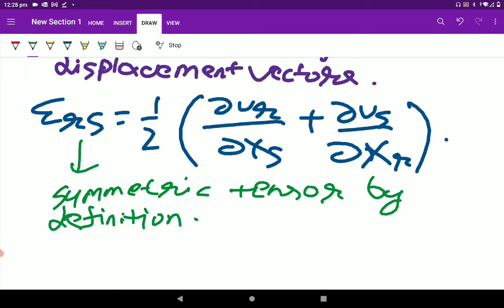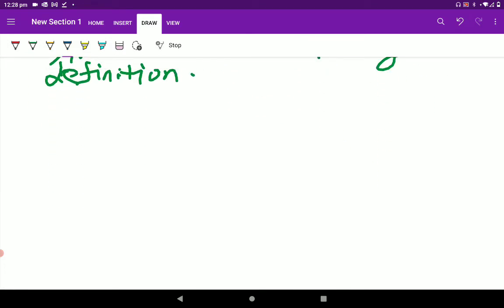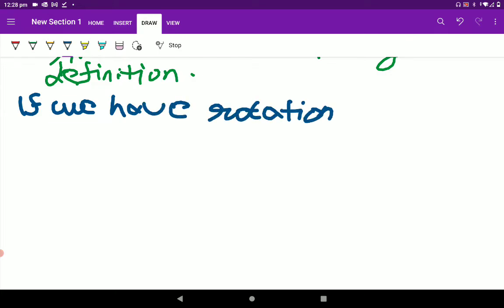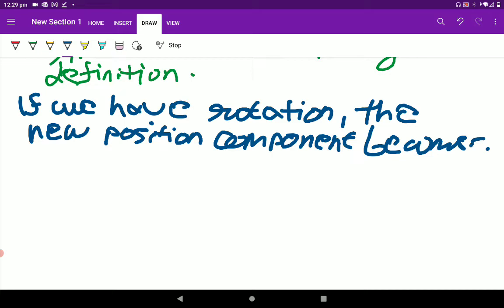Now if we have a rotation, the new position component becomes something like this equation.